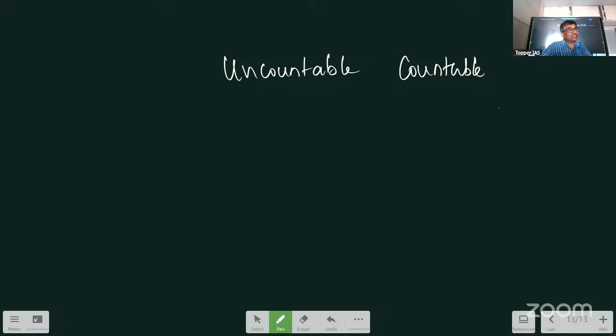Money is uncountable. Why? No. Even if you have 50, how do you say it is 50 rupees? So which means you cannot say 50 money. You can say 50 rupees. So because money requires a unit to count, it comes under uncountable.